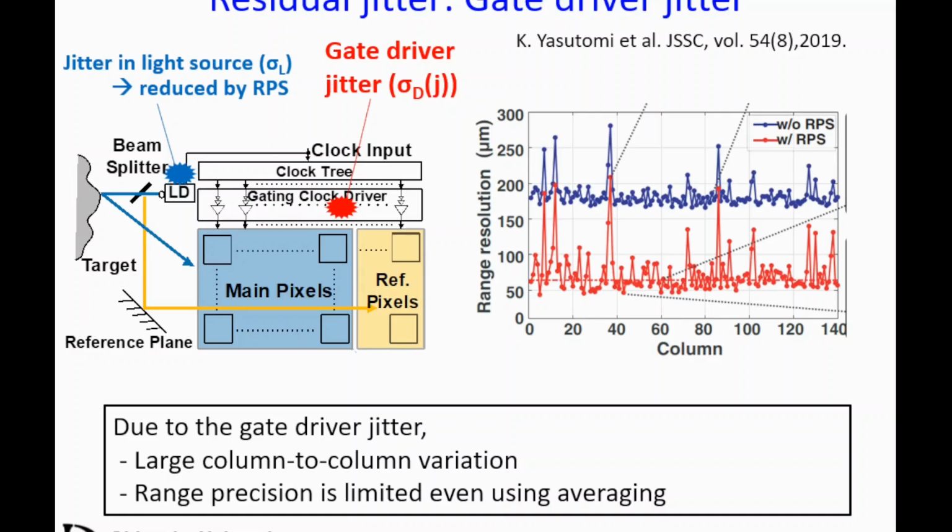Also, the range precision is limited even using frame averaging. This is because this gate driver jitter has a 1/f noise spectrum, so averaging has less effect.